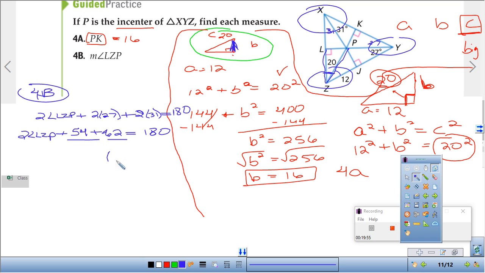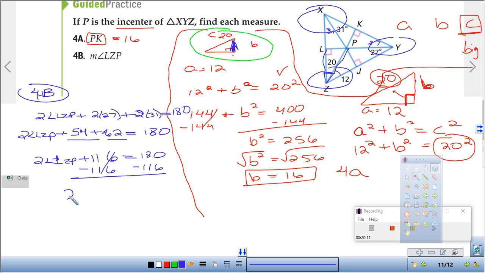That's 54 plus 62, 116, equals 180 plus 2 angle LZPs. Let's subtract 116 from both sides. And we go, 2 angle LZPs are equal to 180 minus that one, which is 64.